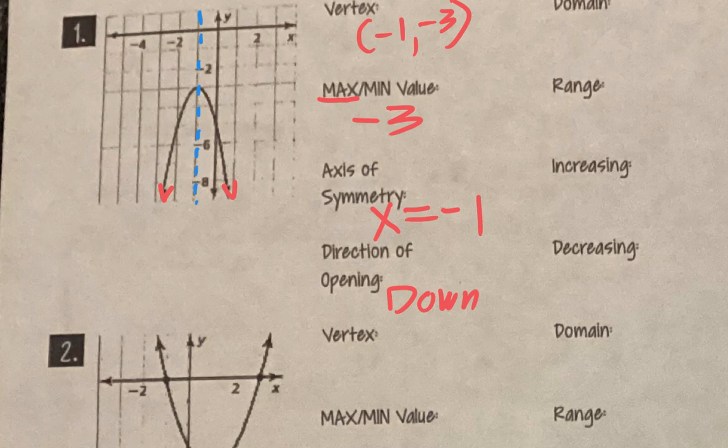Let's see if we can find our domain. It's a quadratic function. It's a parabola. And we know that in that case, the domain is all real numbers. I just like writing negative infinity to positive infinity. Now, I know infinity looks like an 8.